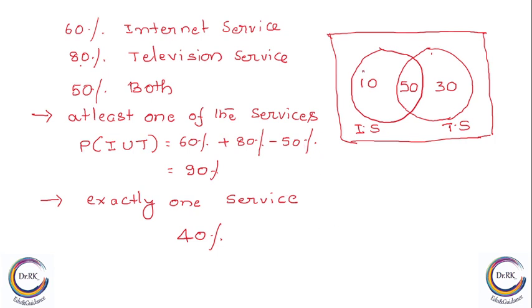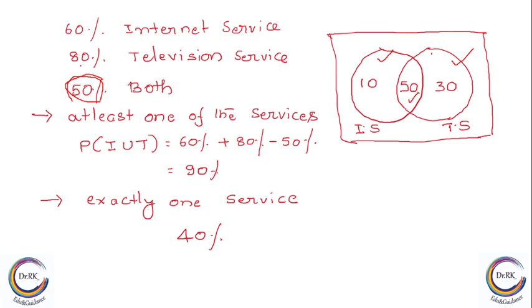So now we'll take the Venn diagram. This is the internet service, this is television service, and this is both. From the given data, 50% are getting both, internet as well as TV service.